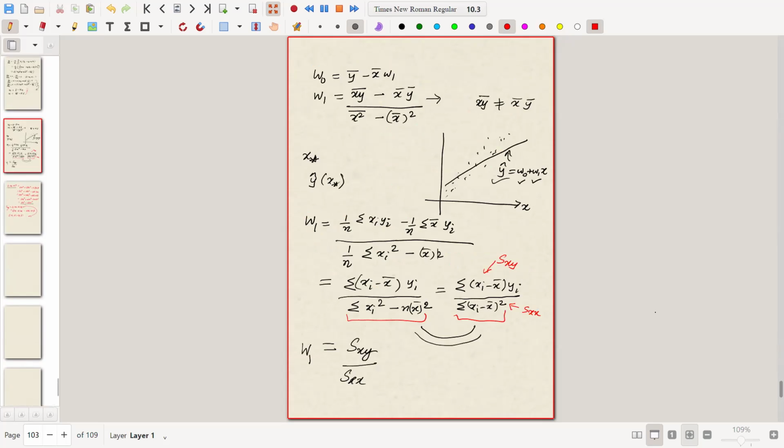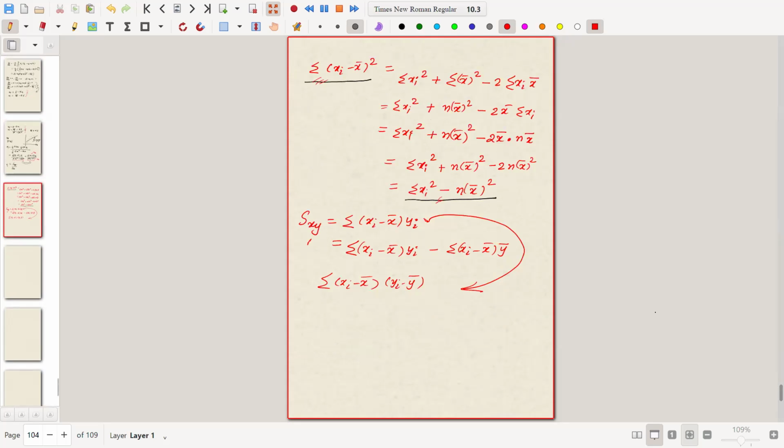W1 is Sxy by Sxx, which is a bit similar to this one. We are only doing an alternative form, nothing else. You can also use the earlier formulas if you like, but computationally and manually, these formulas are quite efficient.